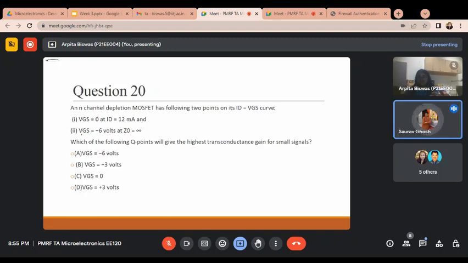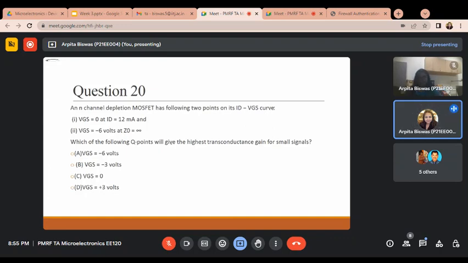Yes, ma'am. Right. Okay, so here it is an N channel depletion MOSFET, so the channel is there, and also two conditions are given. When VGS is 0, the ID is 12 milliampere, and when VGS is -6 volt, then ID equal to 0.